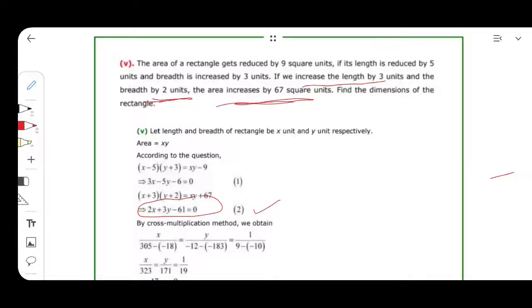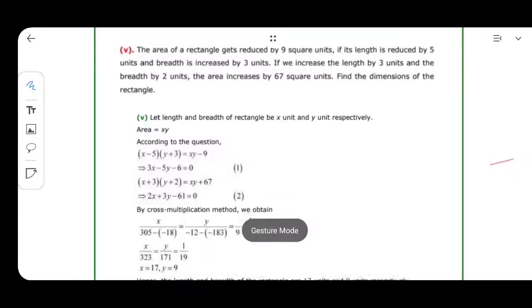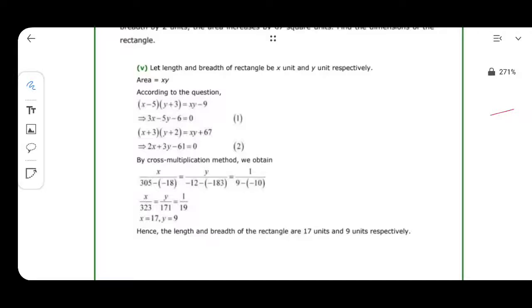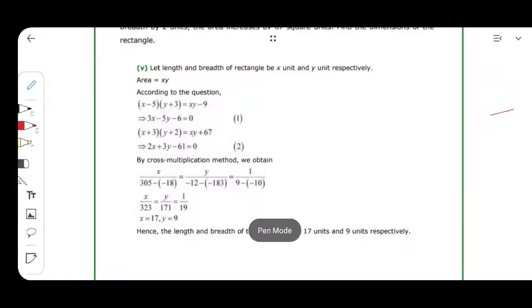Now using the cross multiplication method, we can obtain the solution. Let's see the formula of cross multiplication. Before doing the solution, I am going to write the formula.